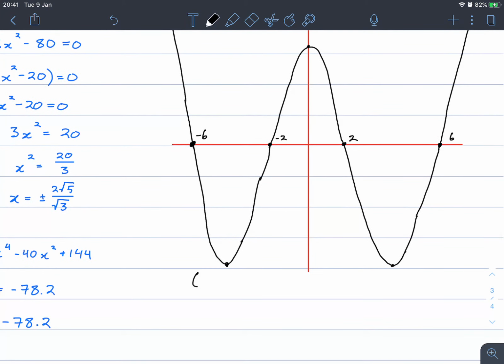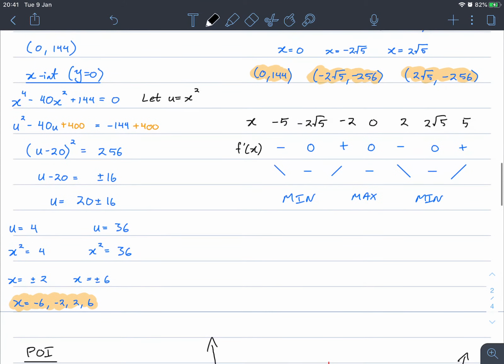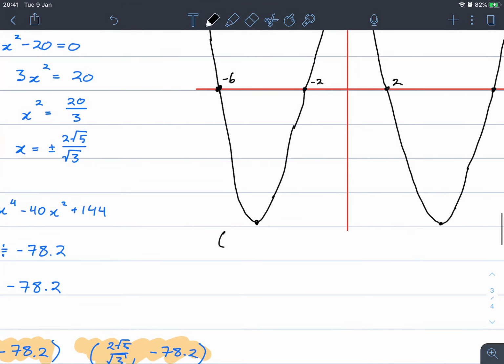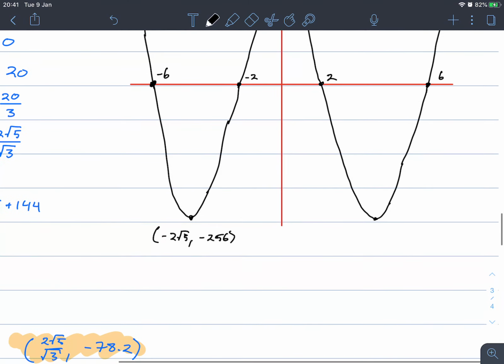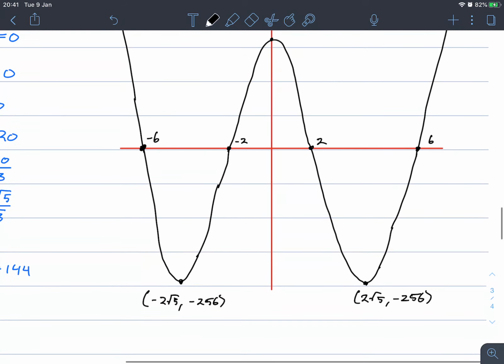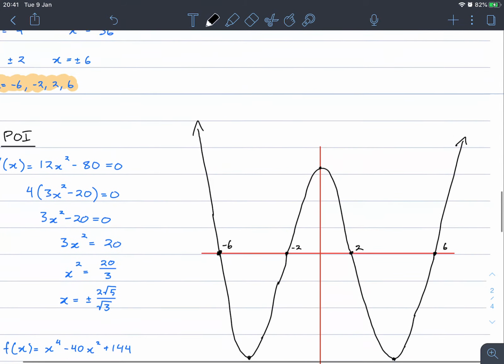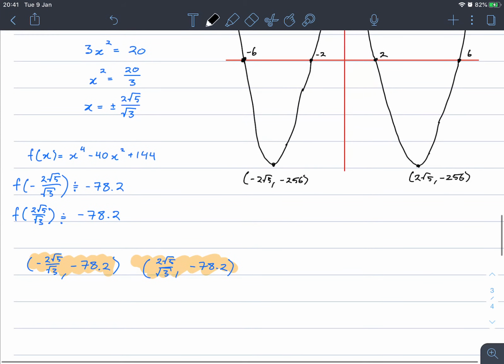This point here is at -2√5, -256. This point is at +2√5, -256, and we have points of inflection at these two here.